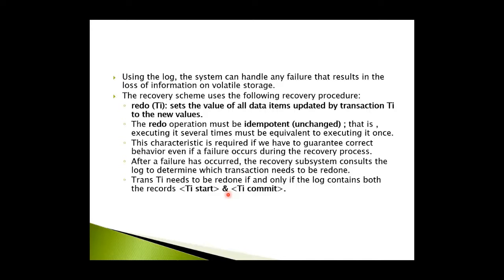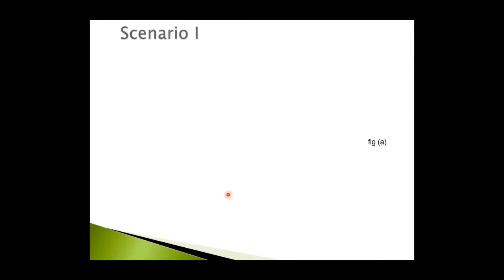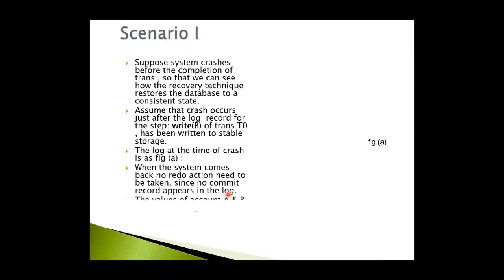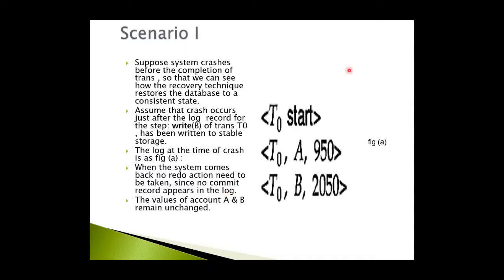Let us try to understand this with three scenarios. Scenario number one. Just take this particular figure in front of you. Suppose the system crashes before the completion of the transaction, so that we can see how the recovery technique restores the database to a consistent state. We will assume three scenarios by considering various points at which the crash has occurred.